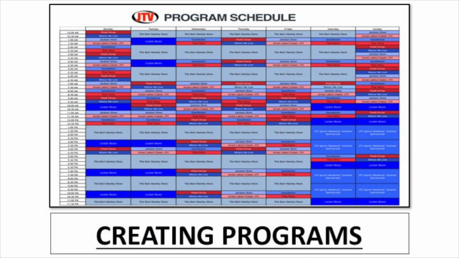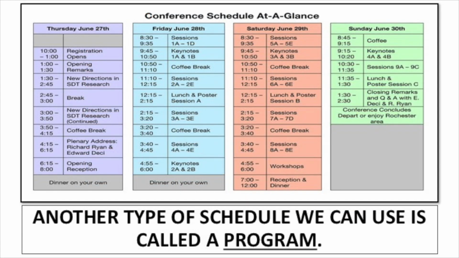So let's take a look at our PowerPoint presentation today about creating programs. Yes, because in this lesson you get the chance to create your own weekend program. Another type of schedule we can use is called a program.